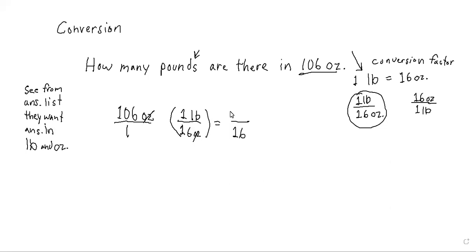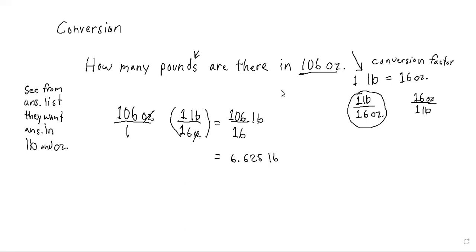So that's going to be 106 over 16 pounds. Right. So we go ahead and work this out in our calculator. We divide 106 by 16, and we get 6.625 pounds. All right, so that's our answer.